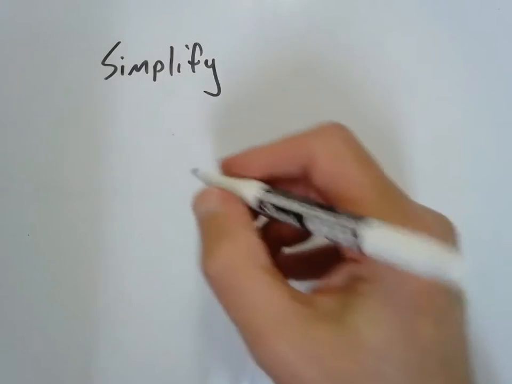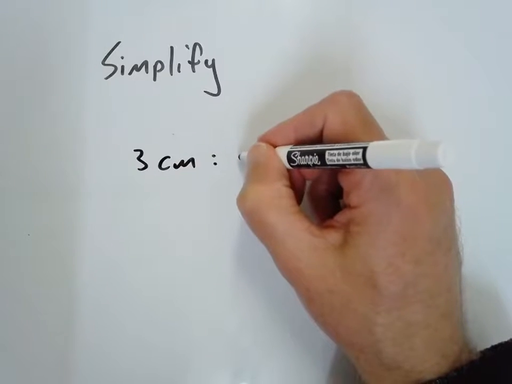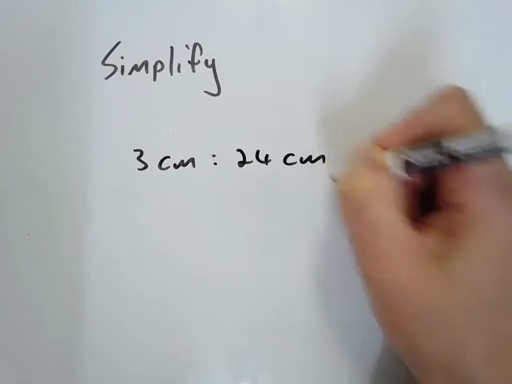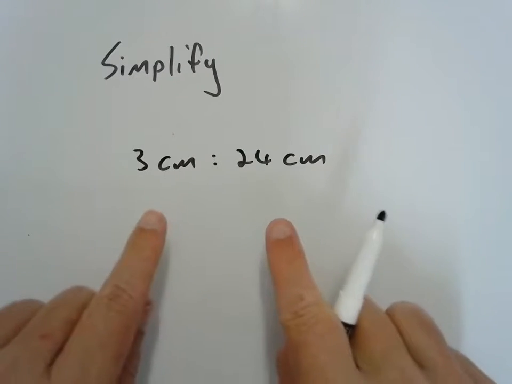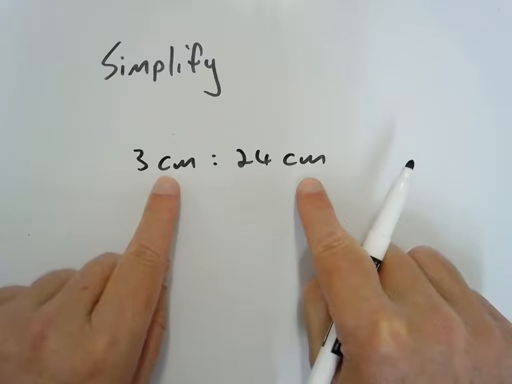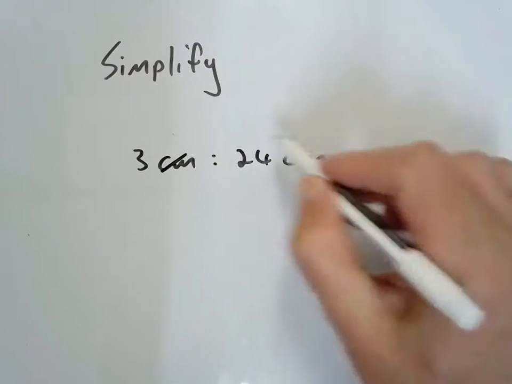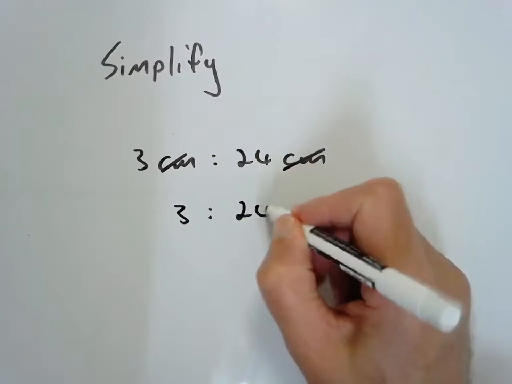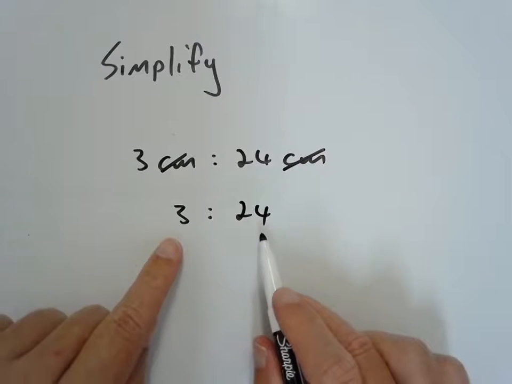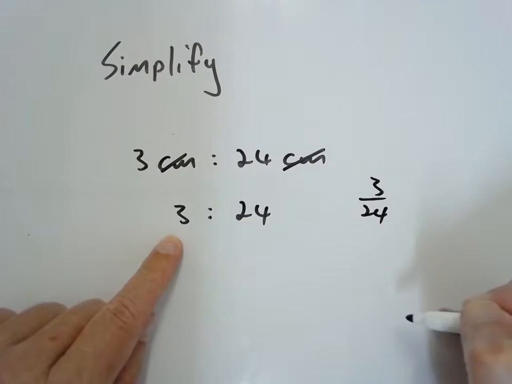How about I go 3 centimetres is to 24 centimetres. So this is a ratio of lengths of a rectangle or something that I'm talking about. To simplify a ratio, as soon as we get the units the same, we actually ignore the units, and we're back to where we were before. 3 is to 24, and we're thinking of 3 on 24.